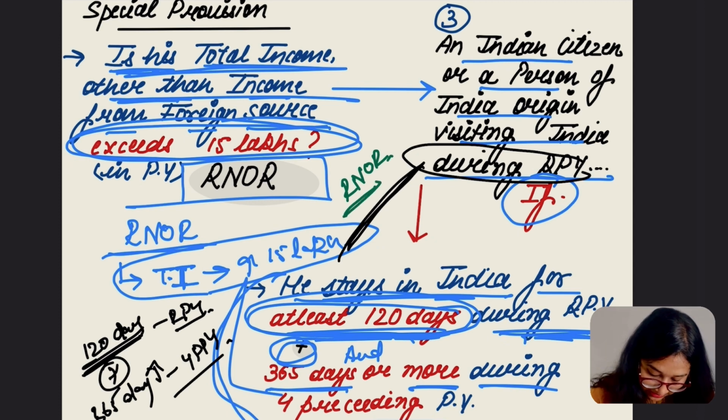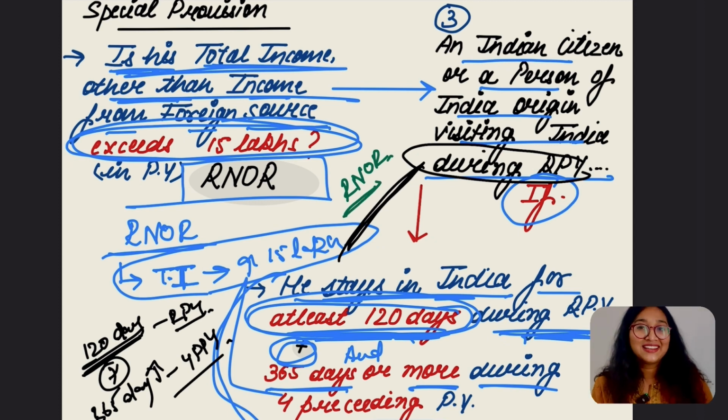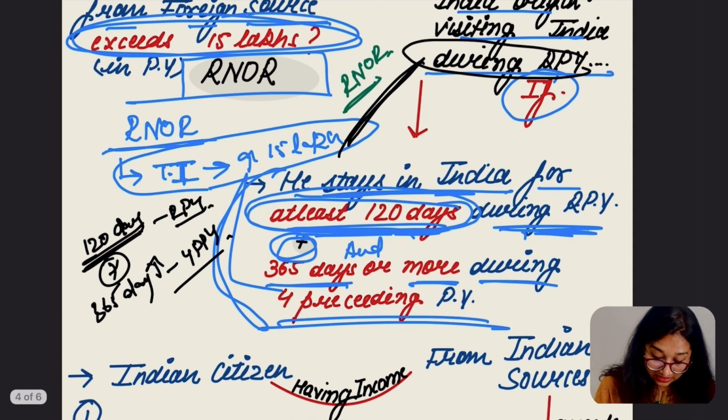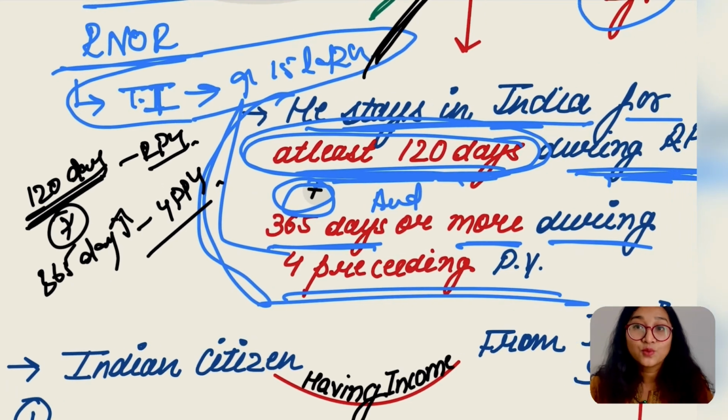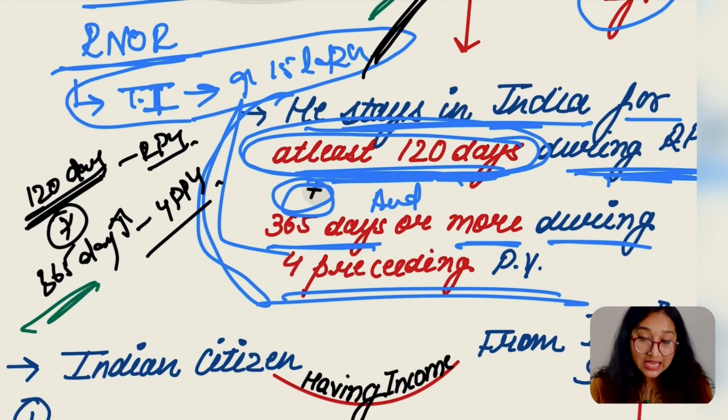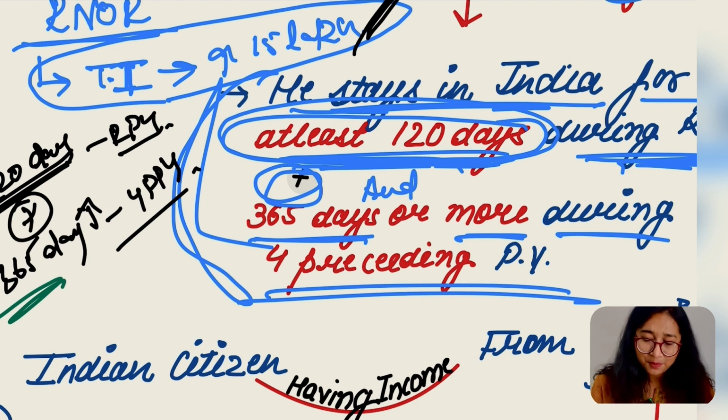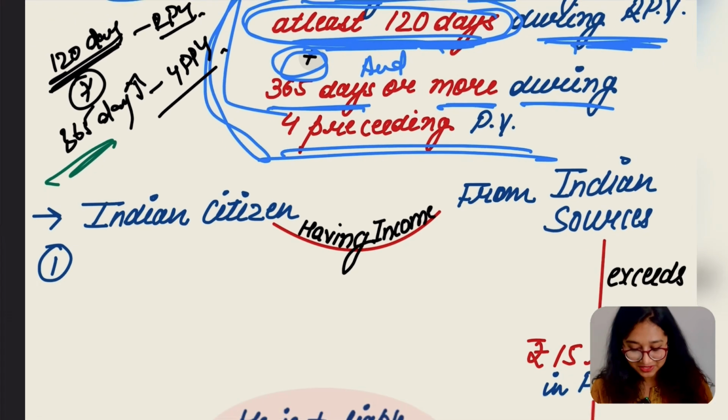But once his total income from India exceeds 15 lakh, and he satisfies the condition of staying in India for at least 120 days in the relevant previous year, plus 365 days or more during the 4 preceding previous years. Hope this part was clear.